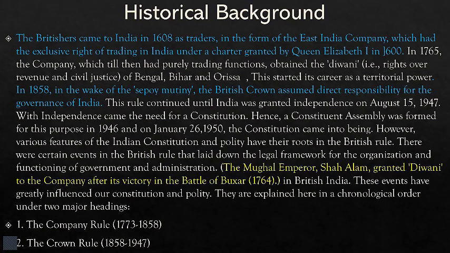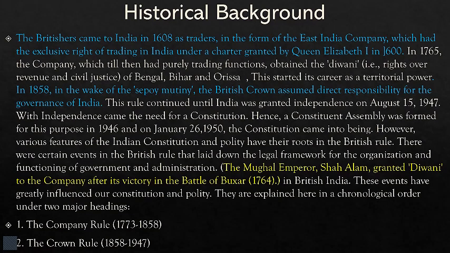We have taken a lot of good things from Ireland, from the Soviet Union, from America, from the UK, and from different countries, and assimilated them in our constitution and made the best and the lengthiest written constitution of the world.